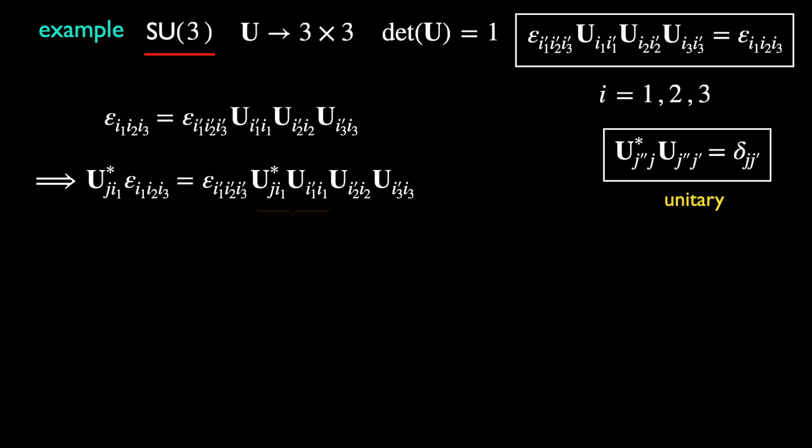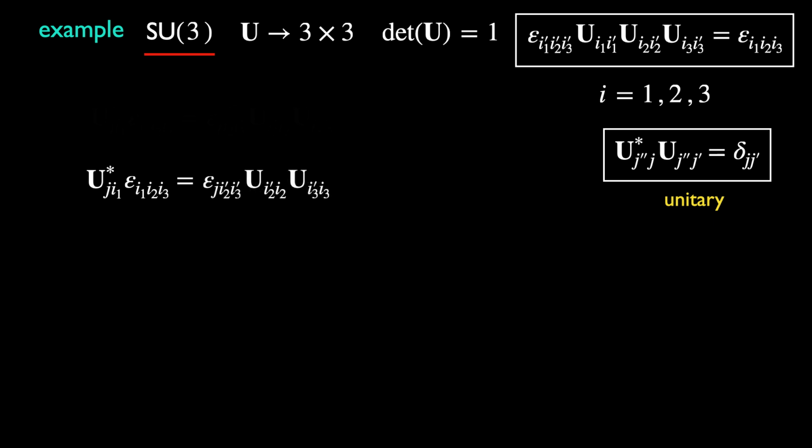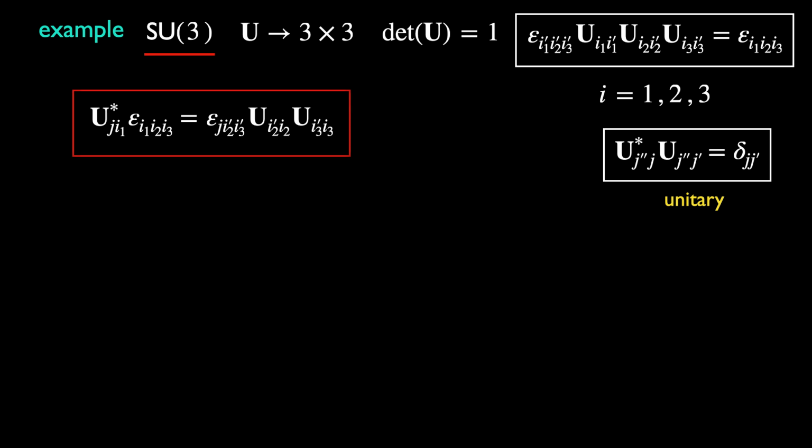Then using the unitarity of U, we end up with this identity. As you can see, we can shift U to the other side of the equation, where it turns to U star and vice versa. This is just a simple consequence of unitarity.